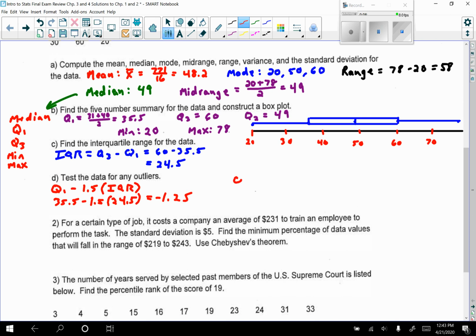The upper boundary is going to be Q3 plus 1.5 times our IQR. So then that's going to be 60 plus 1.5 times 24.5, which gives us 96.75. We don't have any values above that, so here there are no outliers.